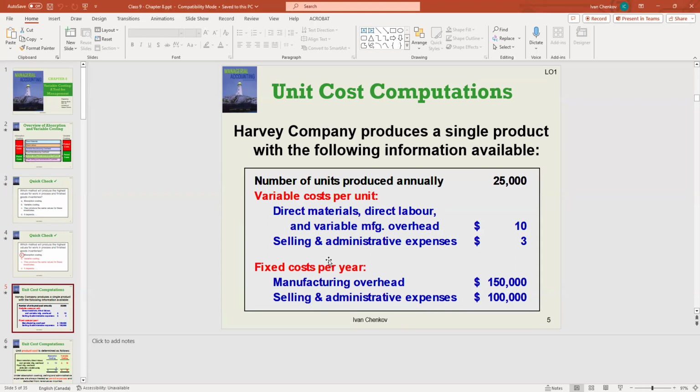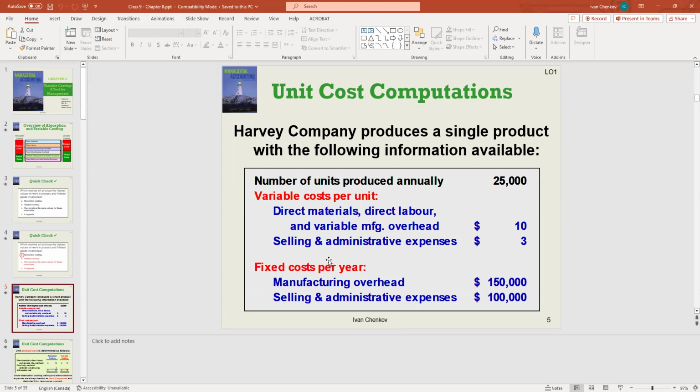Variable selling administrative expenses are $3. Fixed manufacturing overhead, since it's a fixed cost, is given in total, $150,000. Fixed selling administrative expenses are $100,000.